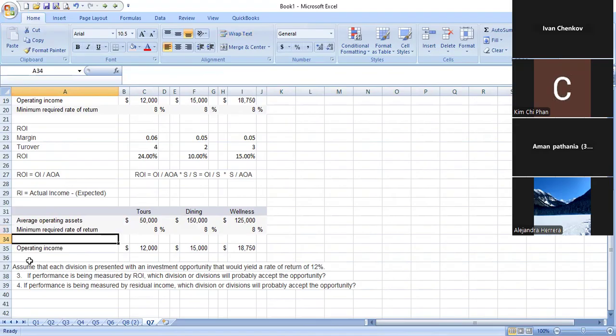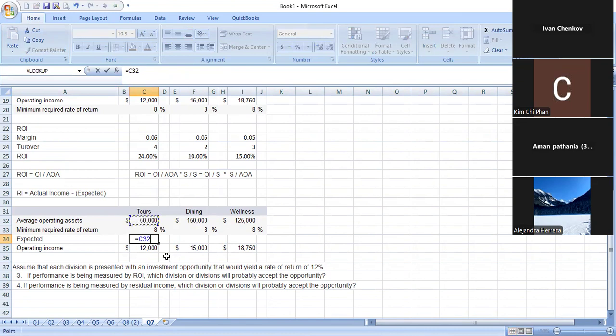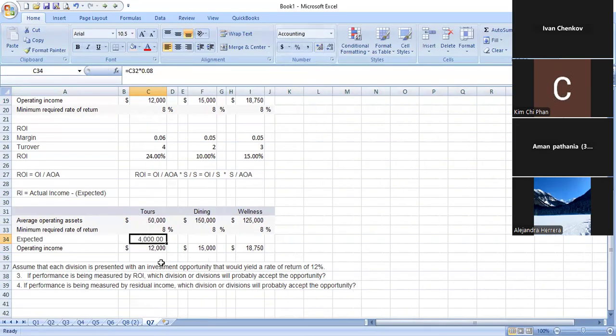So what's the operating income that we want? I want these divisions to generate 8%, right? So technically I'm waiting here for $4,000.